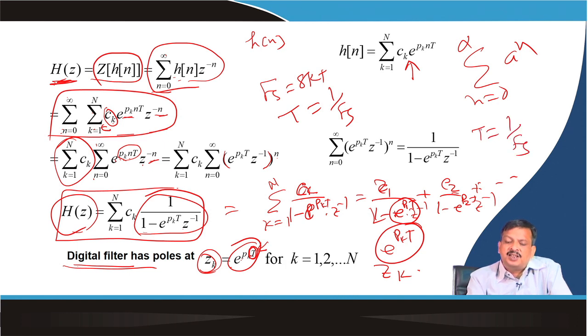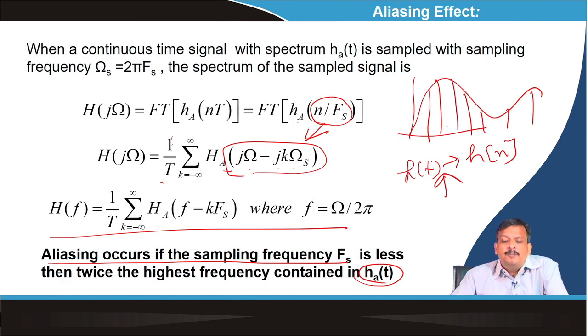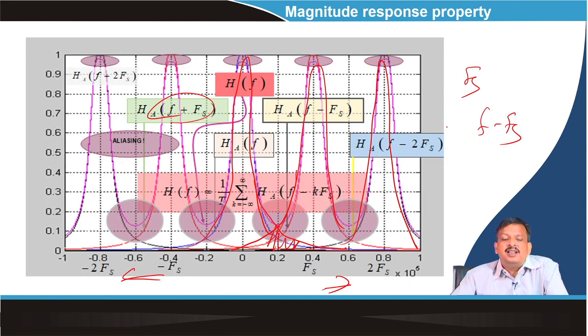If T is not sufficiently small, then aliasing can happen. To avoid aliasing, T should be sufficiently small, that means the sampling frequency should be sufficiently high.